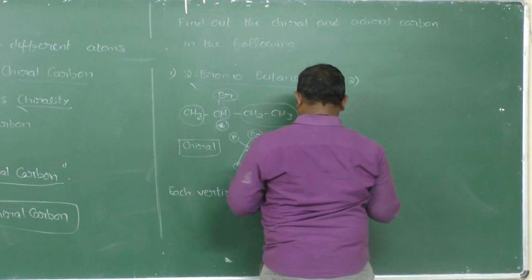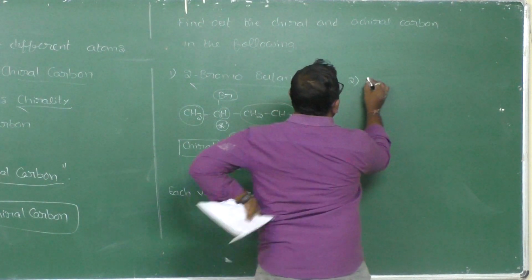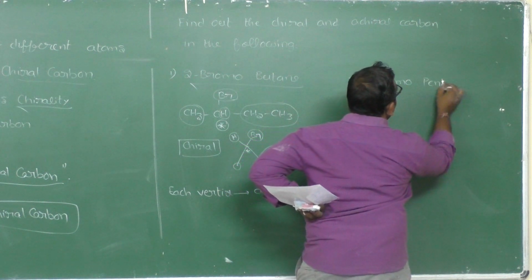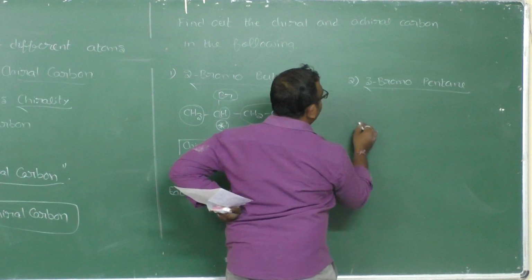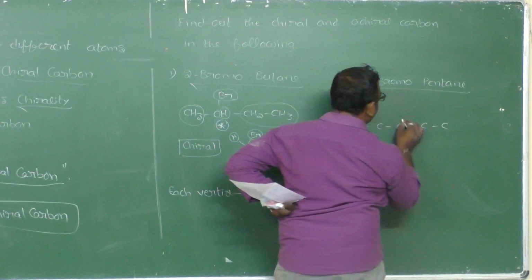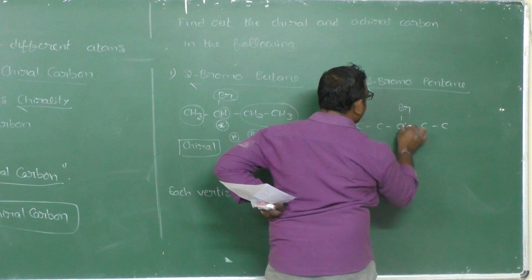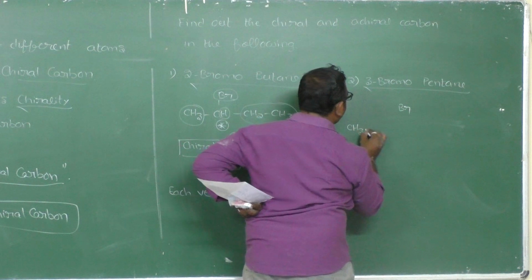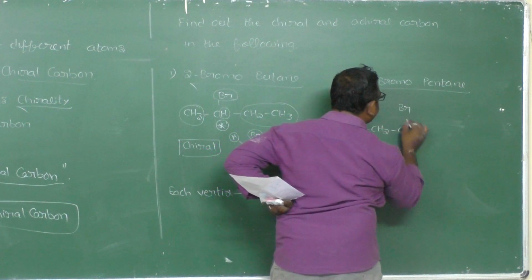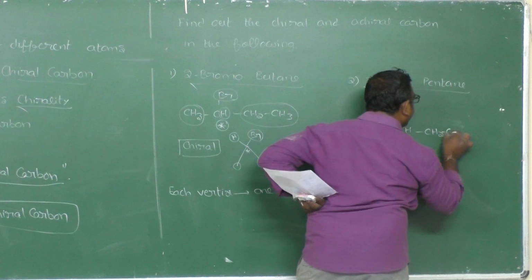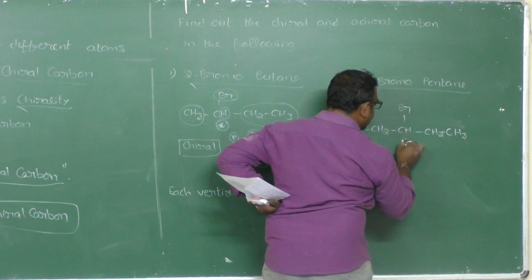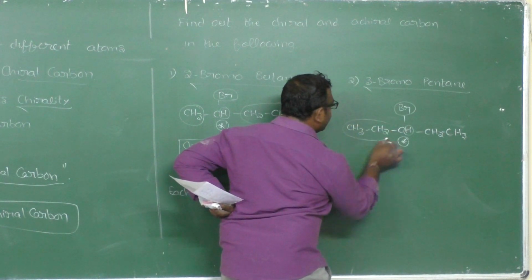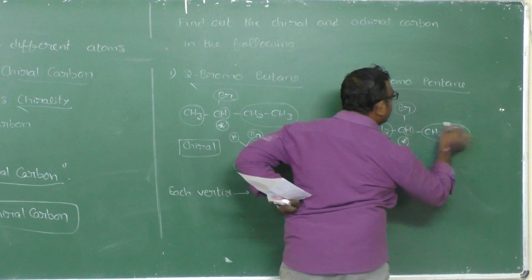Second example, 3-bromopentane. See here, this carbon is attached to one hydrogen atom, one bromine atom, and this is one ethyl group and one ethyl group.